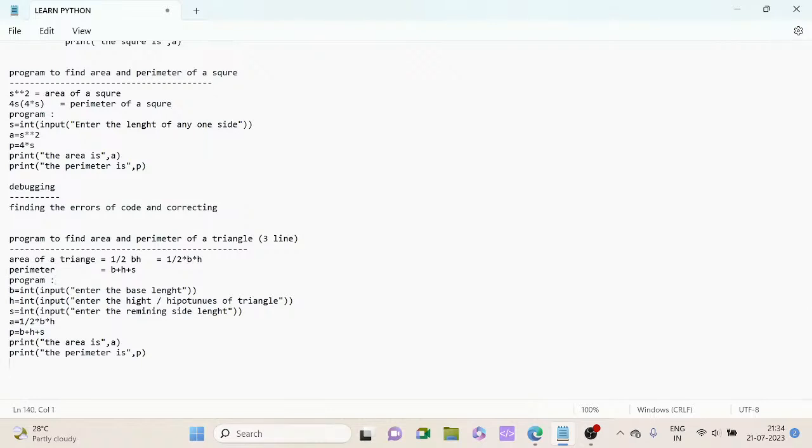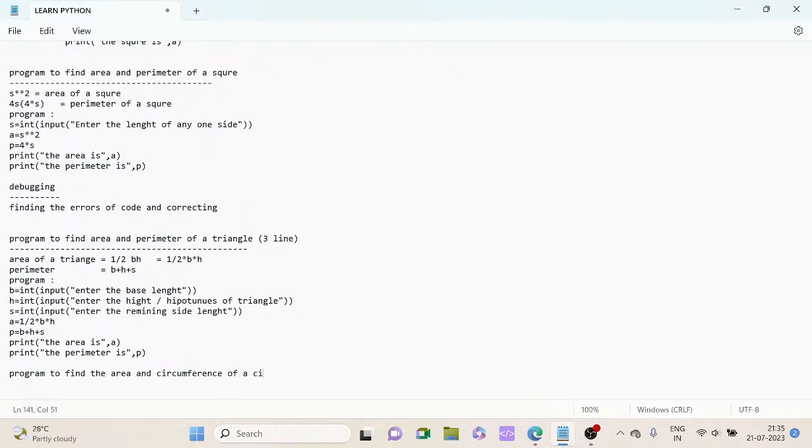Okay, so the next thing we are going to do is type a program to find the area and circumference of a circle.